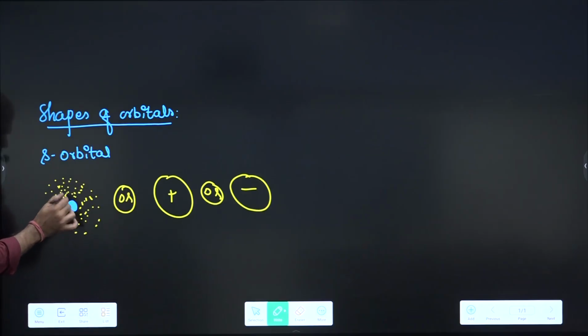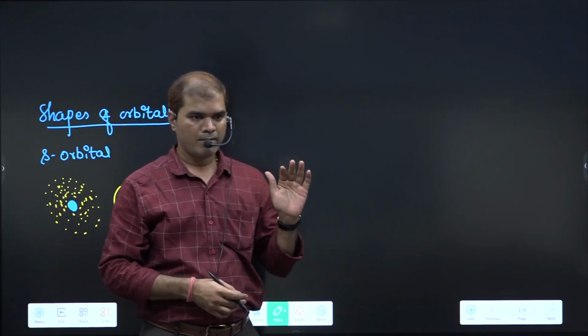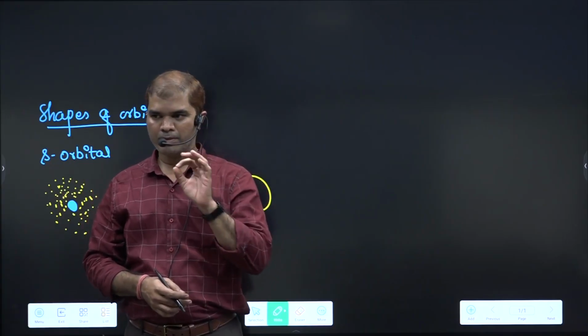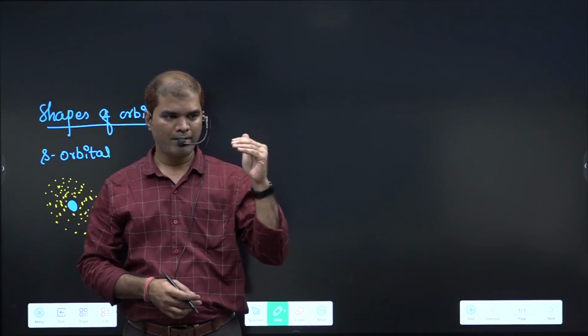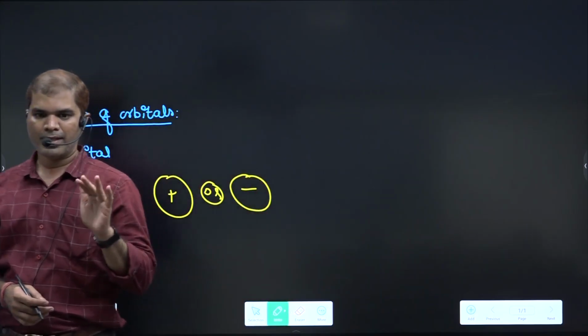Center will be the nucleus. Around the nucleus there will be s electron density. As you move away from the nucleus, the probability of finding the electron will decrease. So around the nucleus we have to draw the electron density a little higher. As you move away from the nucleus, the electron density should be drawn a little lesser.